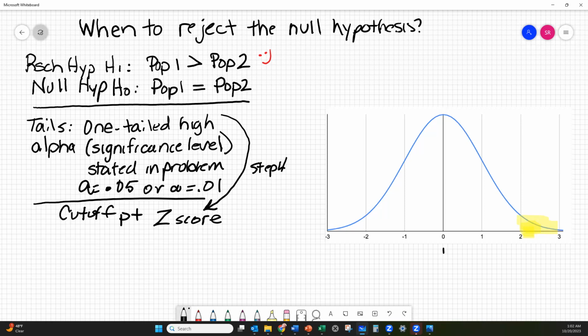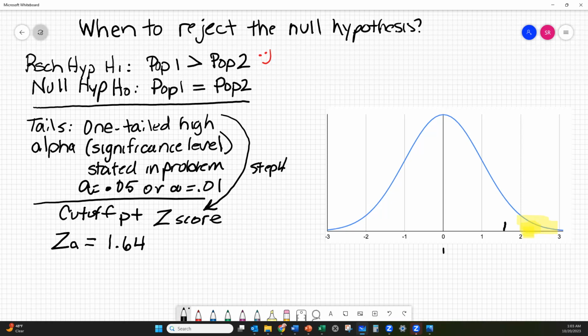And so let's imagine that in this case, we have a cutoff z-score that we'll call z alpha, z-score associated with alpha. And if it was a 0.05 probability level, the z-score would be 1.64. And you worked on this in step 3. And so you worked on looking up the cutoff point. So if this is the cutoff point, then we mark it onto our chart.